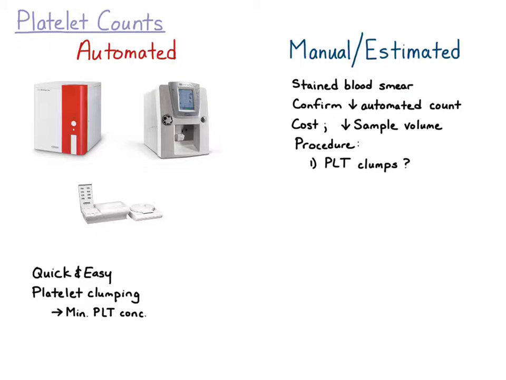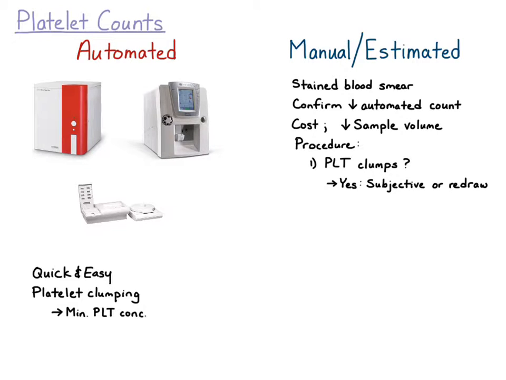If you see platelet clumps on the blood smear, then you can do one of two things. You can subjectively evaluate the blood smear to see if you think the total number of platelets is decreased or if the degree of clumping pushes it up into the normal range. However, this does require some technical experience and skill.